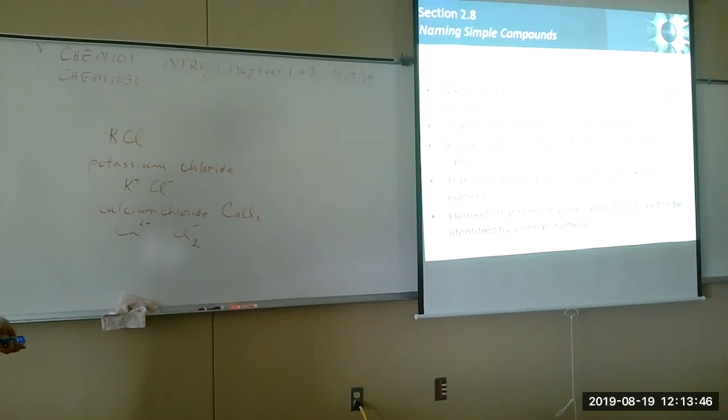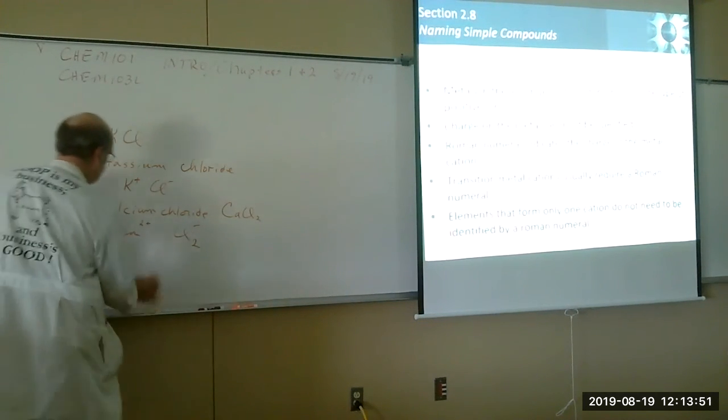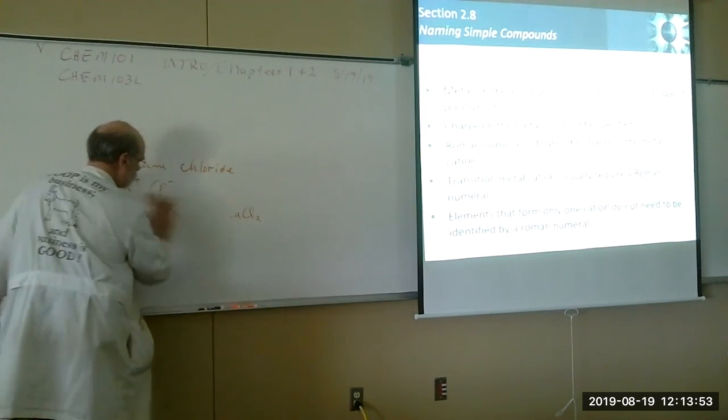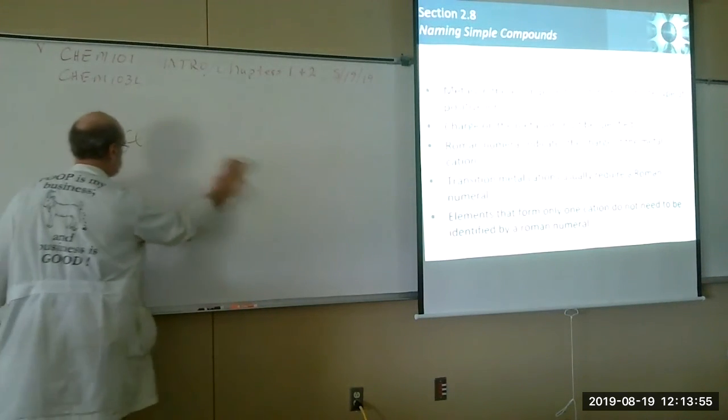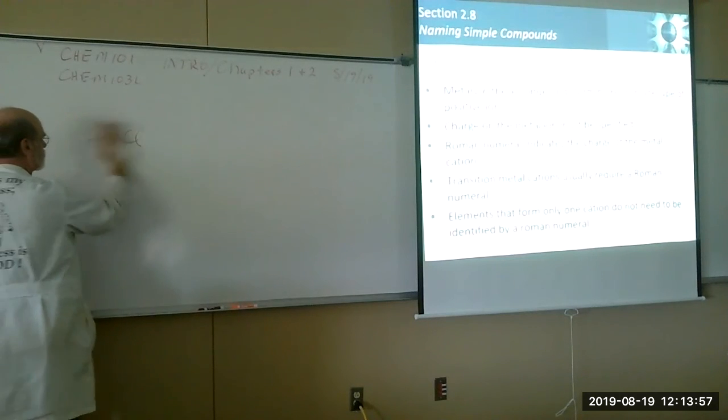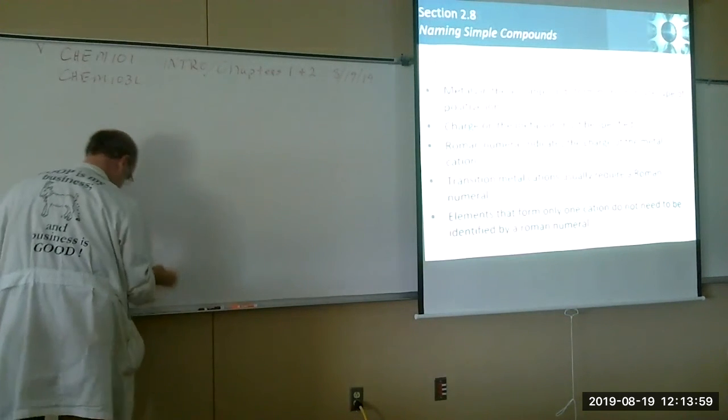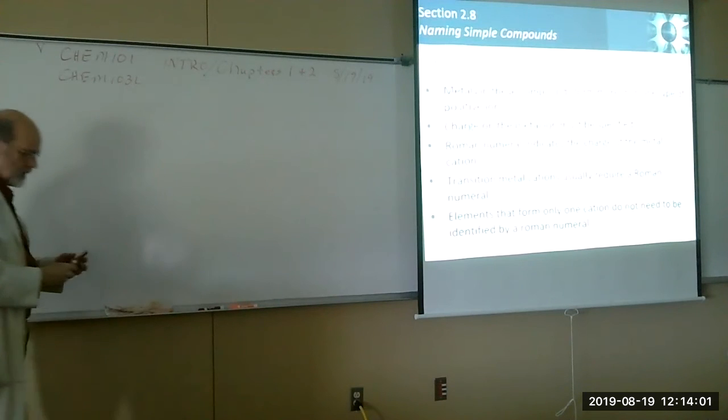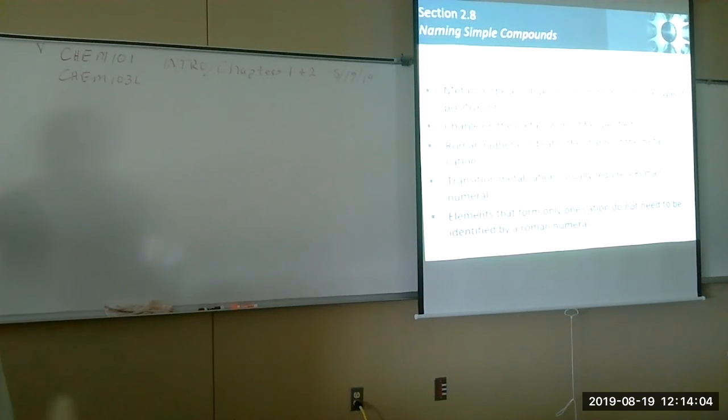Okay. Type 1 examples. Type 2s. Type 2s are also metal, non-metal, right? But for the type 2s, the metal is from a place in the periodic table where the metal could possibly have more than one charge, right?